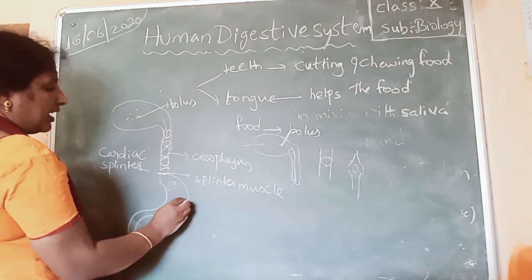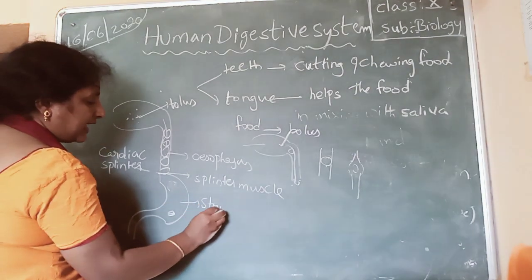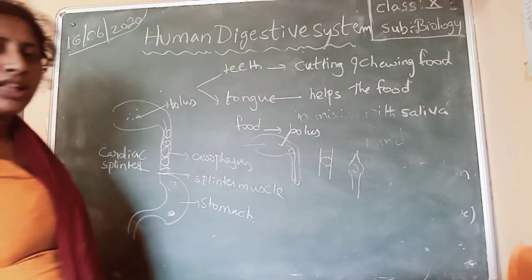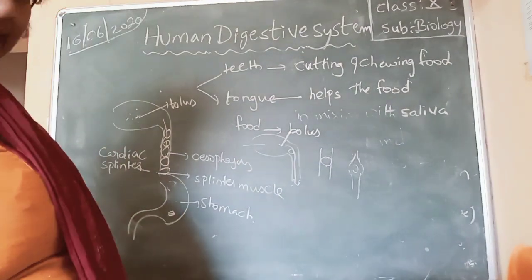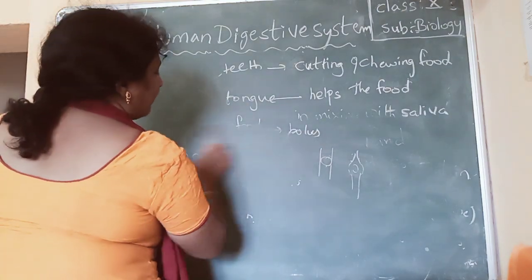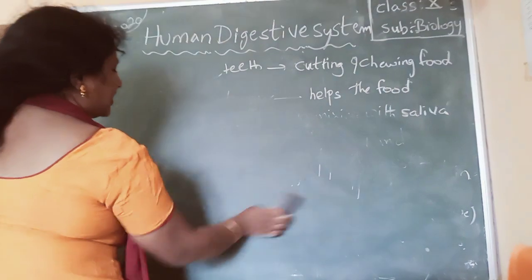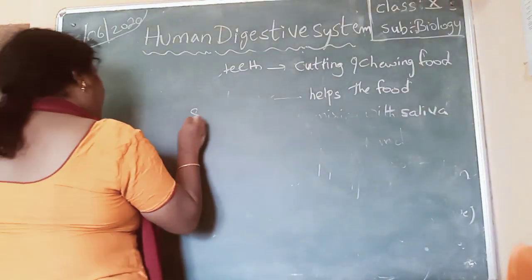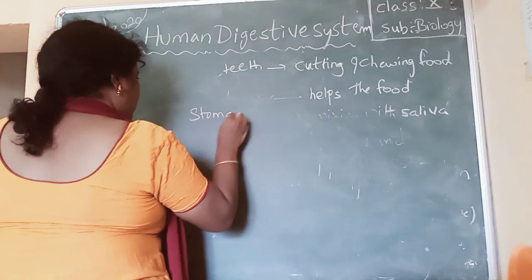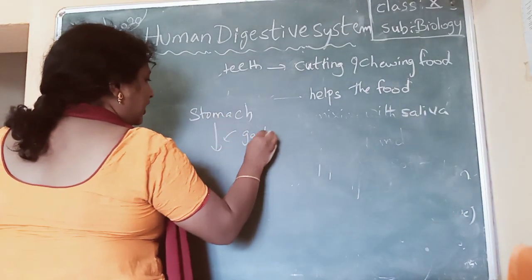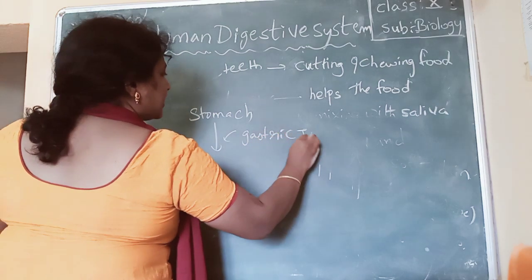So now the food has entered into the stomach. What happens in the stomach? How does digestion take place in the stomach? When the food reaches the stomach, it secretes a juice called gastric juice.